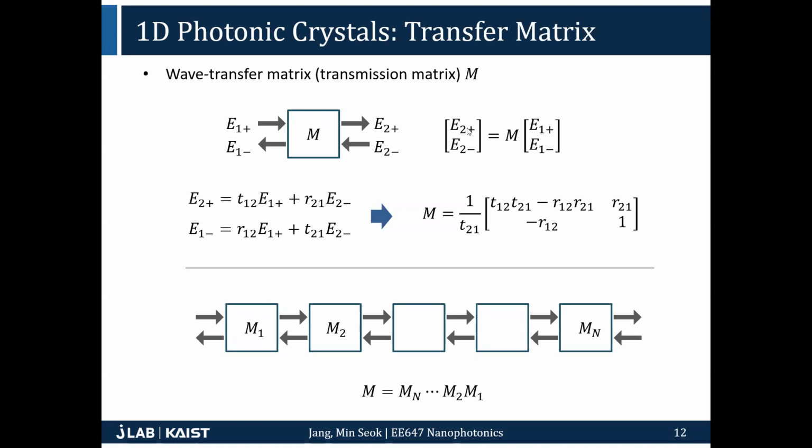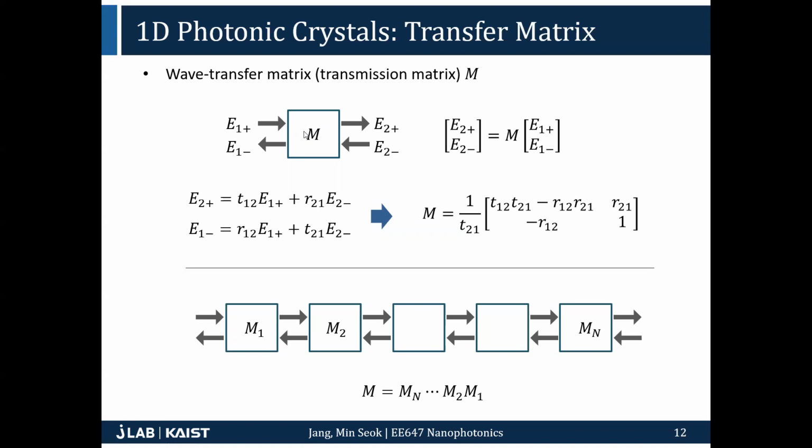Similarly, E2 plus is the outgoing wave to the right side, and E2 minus is the incoming wave from the right side. So the M matrix connects these components.